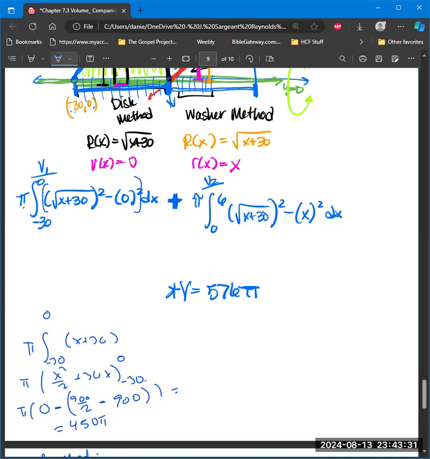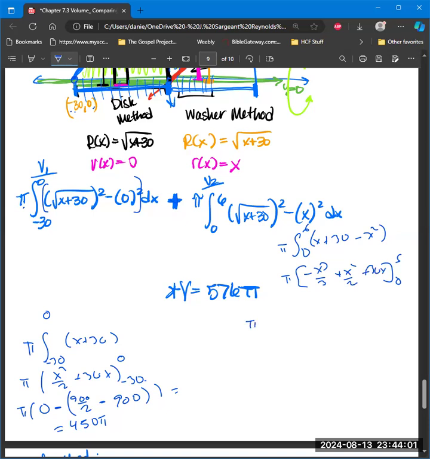Now this piece over here is going to be pi times 0 to 6 of x plus 30 minus x squared. And so this is going to be pi 0 to 6 of negative x cubed over 3 plus x squared over 2 plus 30x.